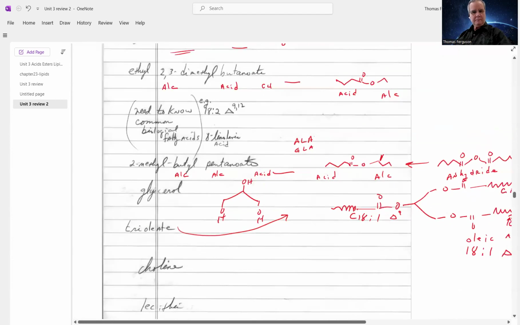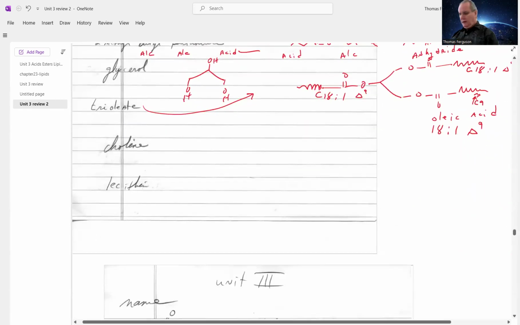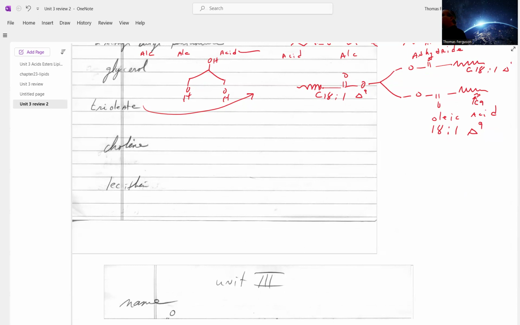Choline. Choline is what's in lecithin. It's the part that makes the phospholipid part. So choline looks like this. There's an alcohol on one end.